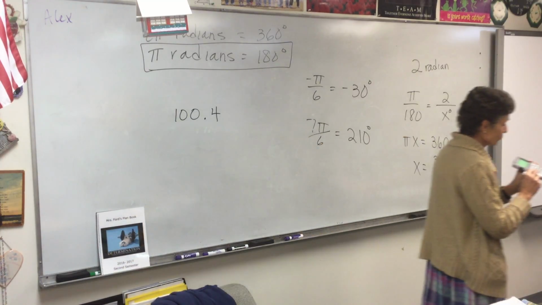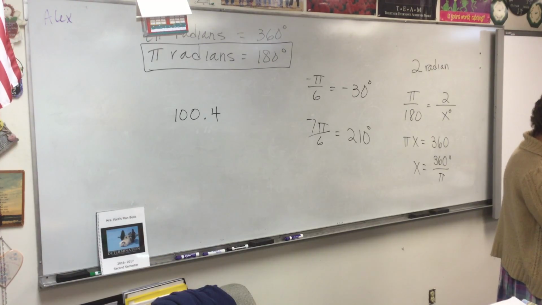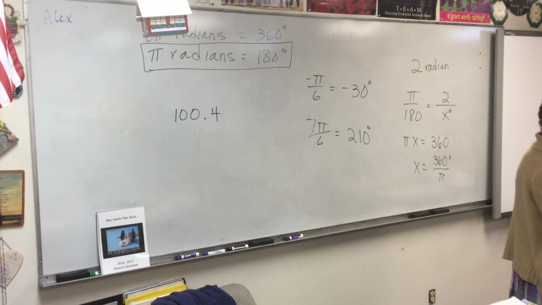You have in the third row of buttons, the second one over, a button called apps, but right above it, you see it says angle. Everybody following? So I want you to press second angle, or second apps, and go all the way down to number 4 that says DMS, which stands for degrees, minutes, seconds.